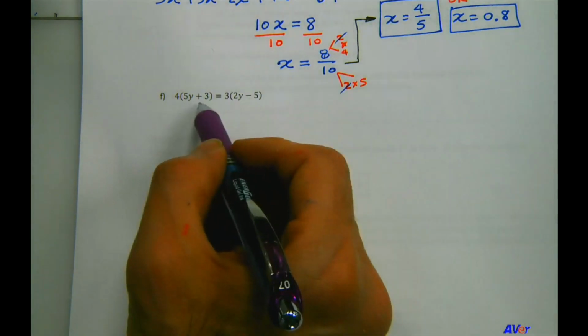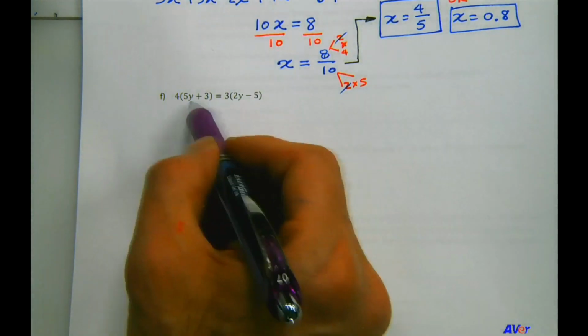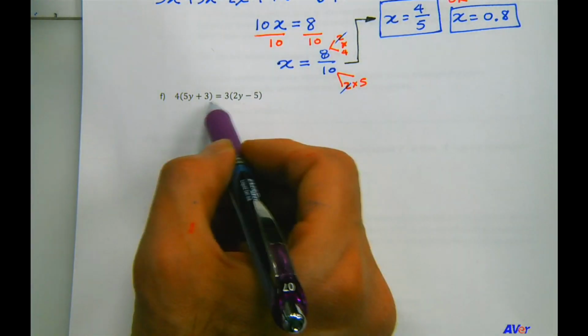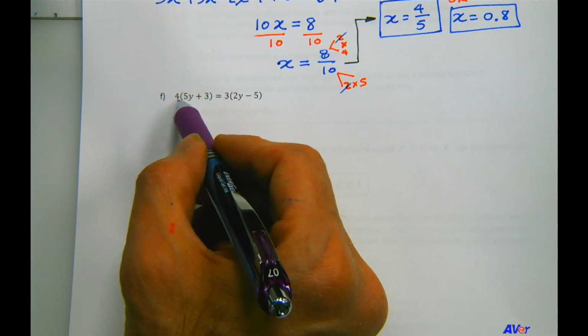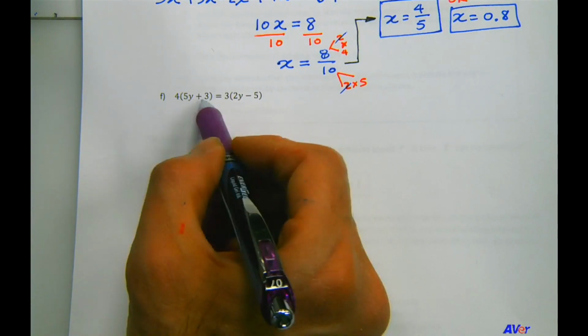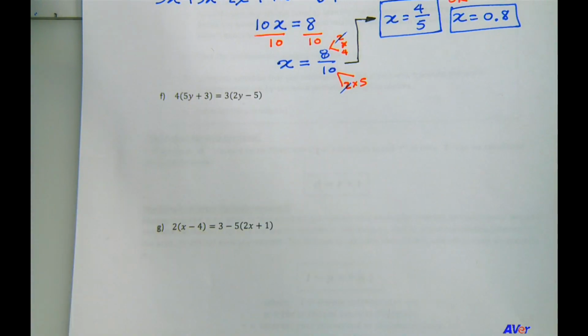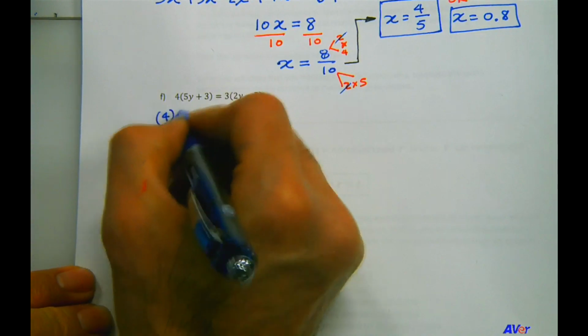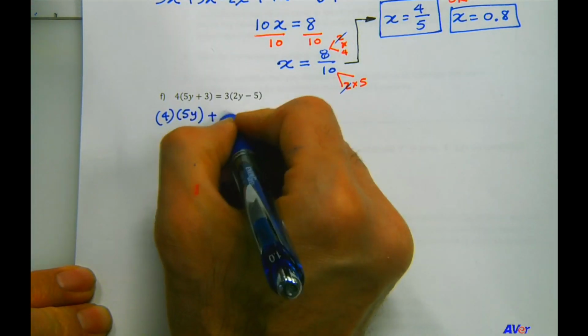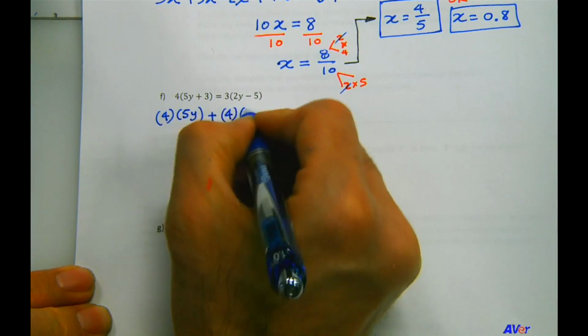So the first thing we should do is ungroup y. How are we able to do that? We need to distribute the number in front of each parenthesis. So let's do that. So we're going to say 4 times 5y. Notice I'm distributing, not simplifying. Plus 4 times 3.